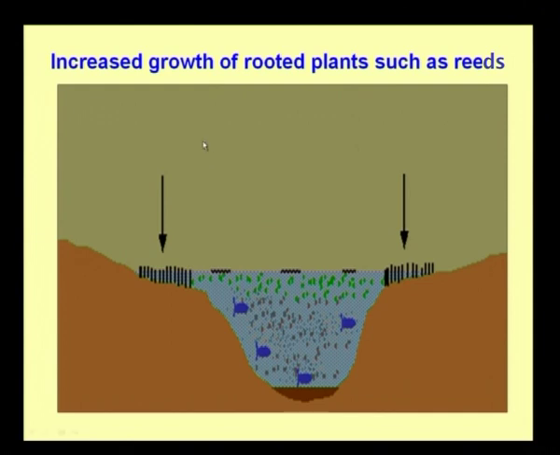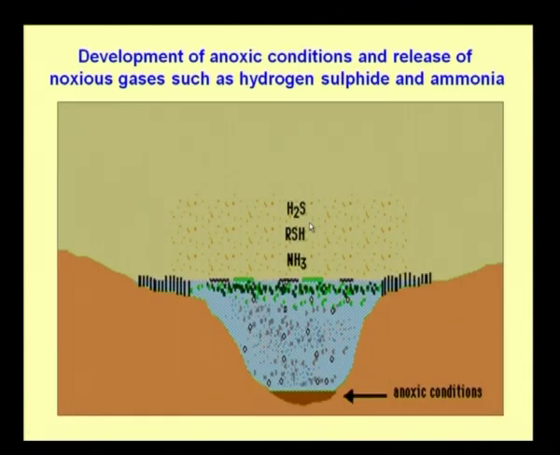And you see the increased growth of rooted plants such as reeds on the banks. The net result is that there is no oxygen, and the fish cannot live because it is an anaerobic condition.